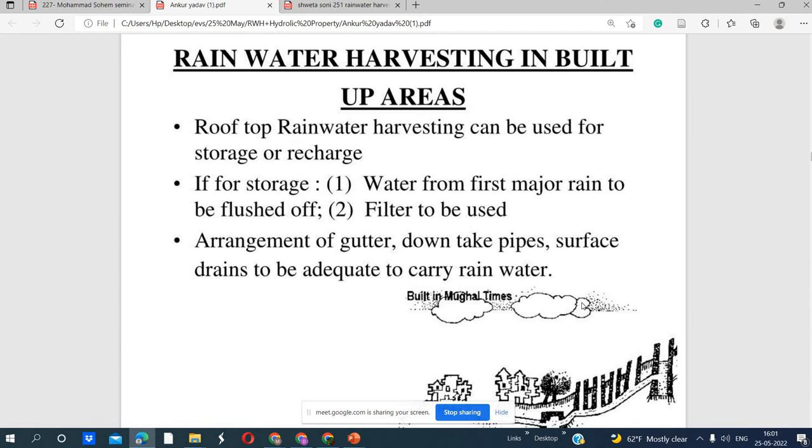So this is a case that was built in the Mughal times, rooftop rainwater harvesting. This picture is from the Mughal times. The downpipe and surface drains must be adequate to carry rainwater.